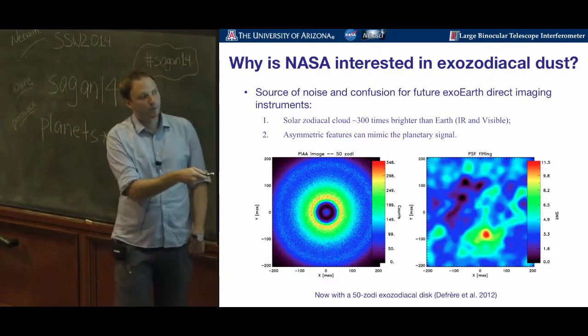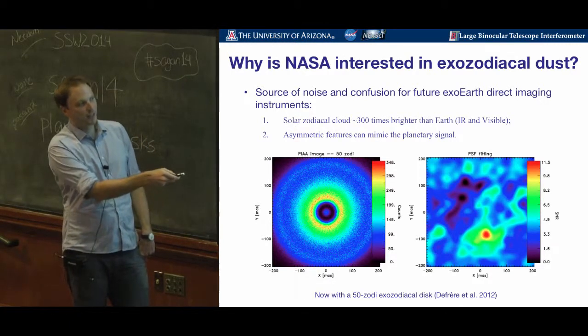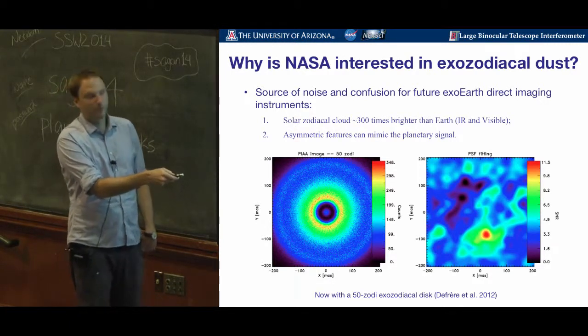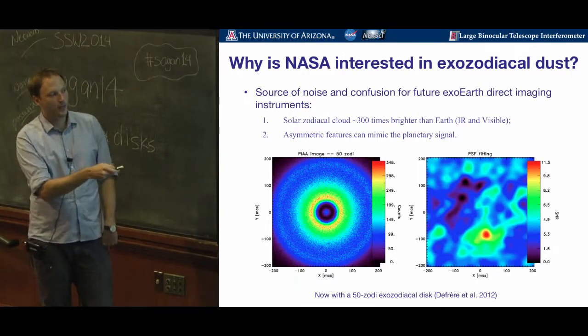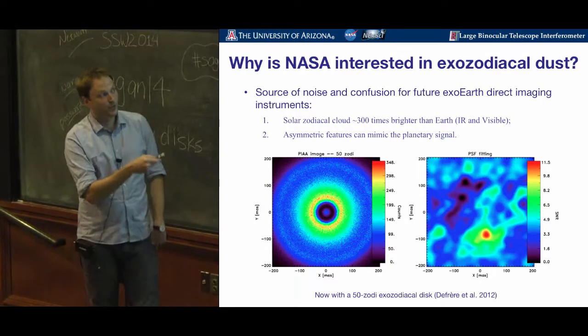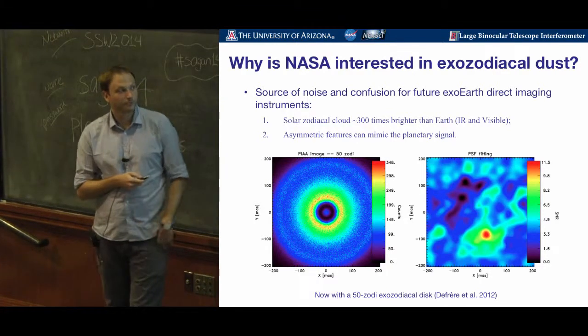And when we do that, this is what we have. And this is not the planet. The planet is here, and this is a clump. So there is a clump following the planet on its orbit. And if the disk is as bright as 50 zodi in this case, you'll see the clump first.